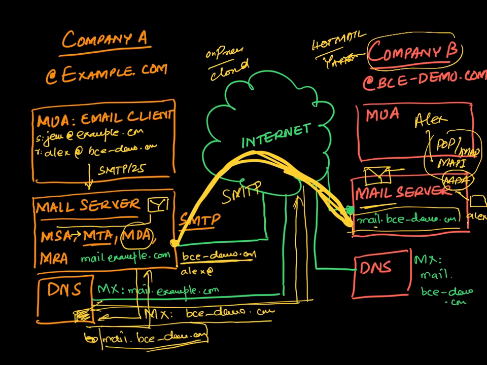Hopefully you have an idea of an email traveling from a company's client to the mail server, then to the DNS asking for information, and once the DNS provides that information, it will establish a connection, and then the mail servers will talk to each other over SMTP, and the message will be delivered, accepted, and kept in the mailbox of Alex, and once Alex launches his client, he can retrieve it. That was the model.